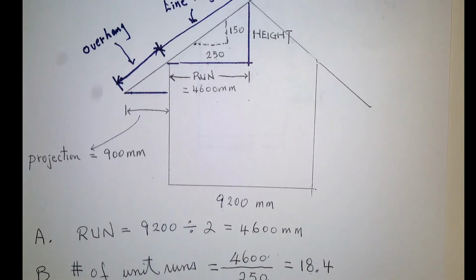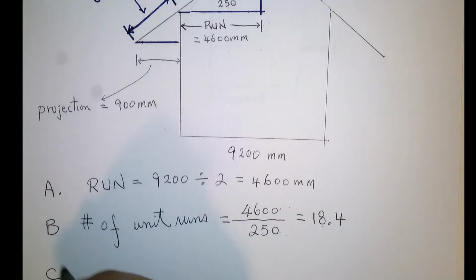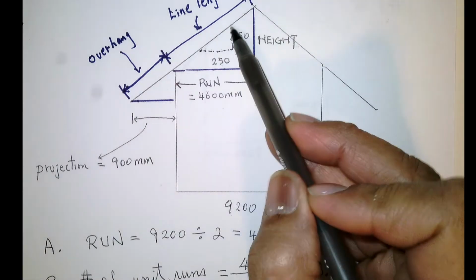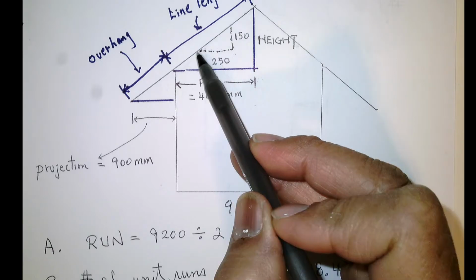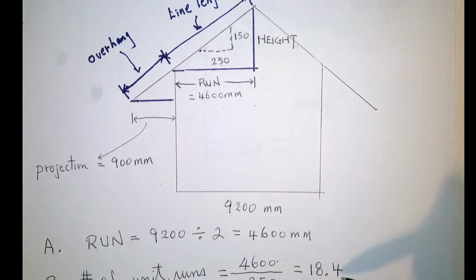So when you're doing part C, you need to calculate the unit hypotenuse. After you calculate the unit hypotenuse, you multiply by 18.4, and that should give you the line length.